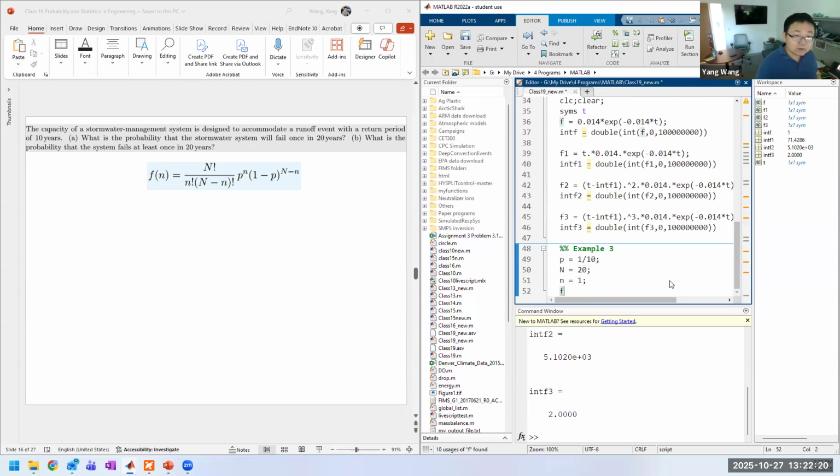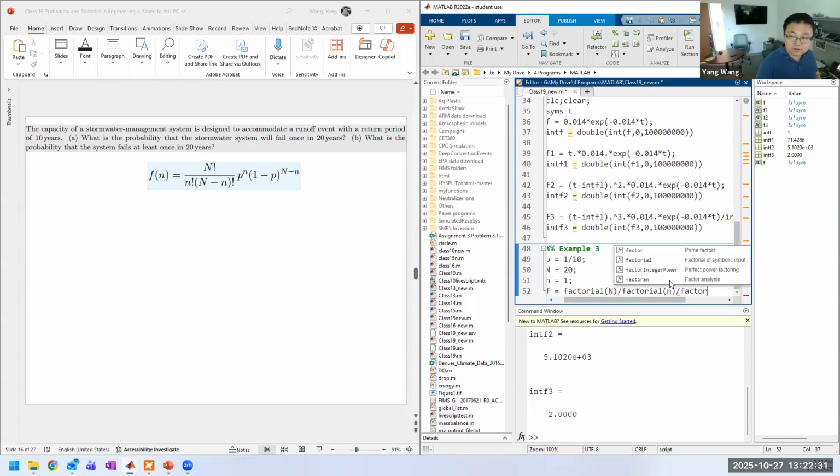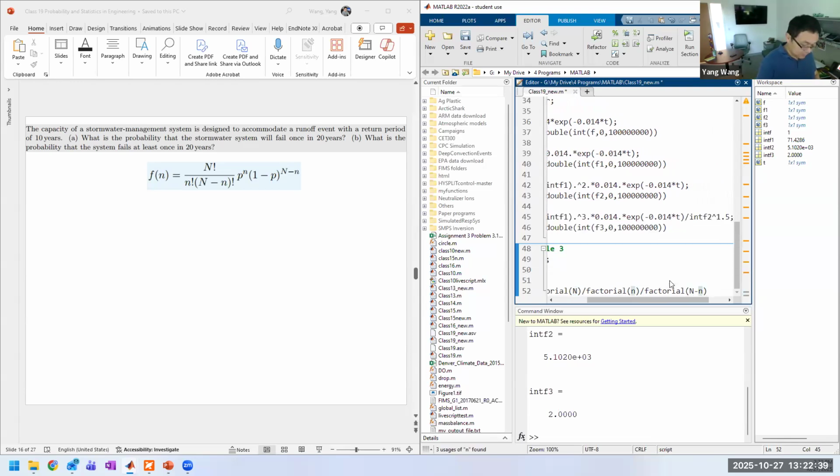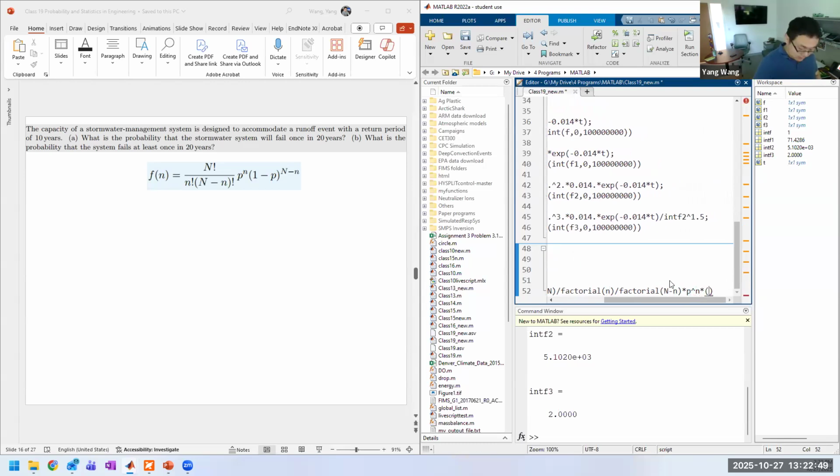So then F basically is going to be factorial of N divided by factorial of lowercase n, divided by factorial of capital N minus lowercase n, multiplied by P to the power of n, multiplied by 1 minus P to the power of N minus n.